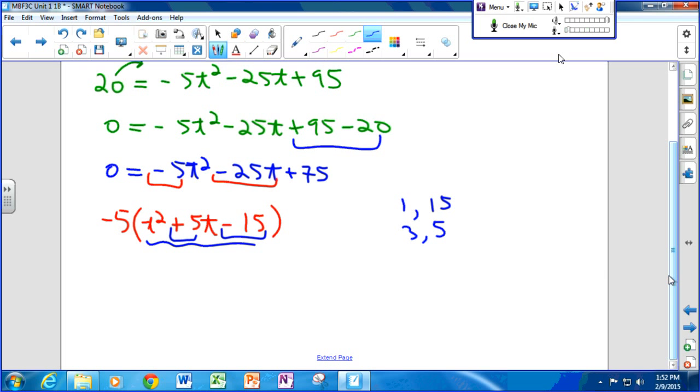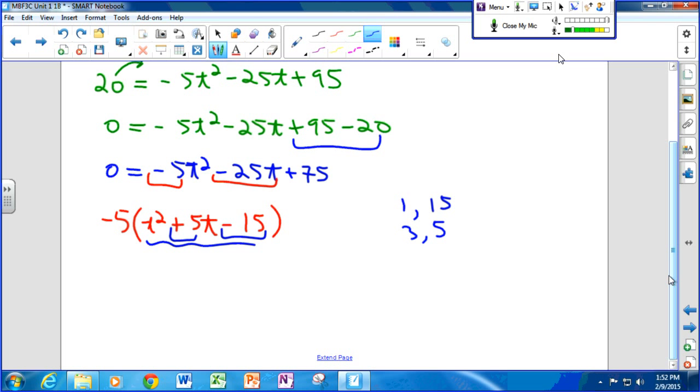Negative 15. Let me just check here. 3 and 5 doesn't work. 1 and 15 doesn't work.